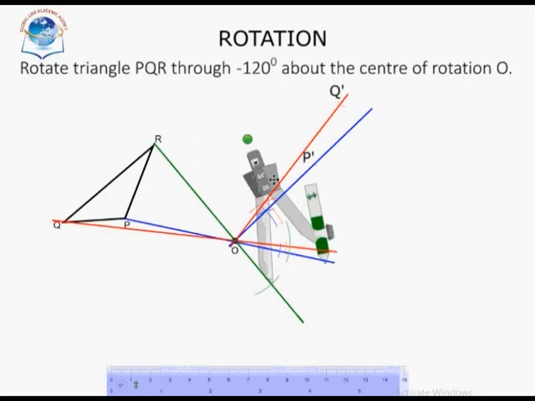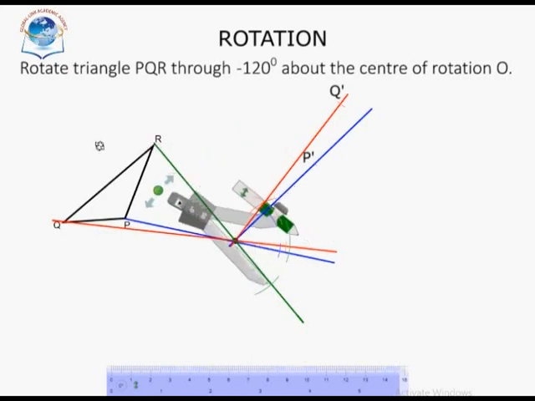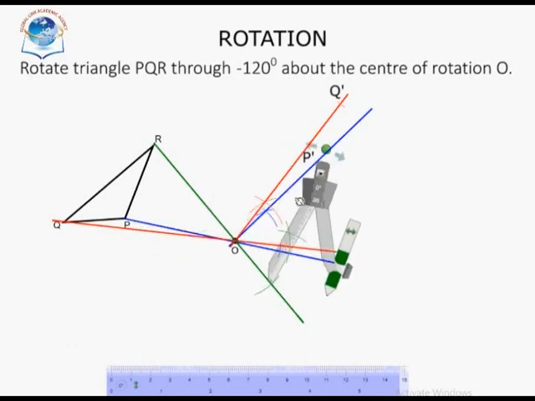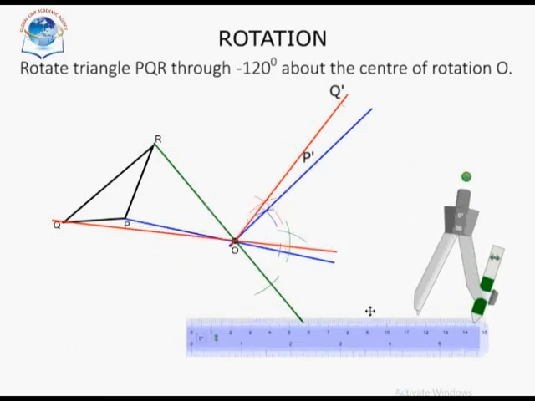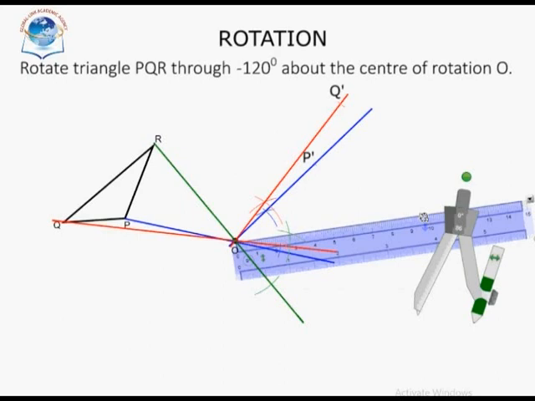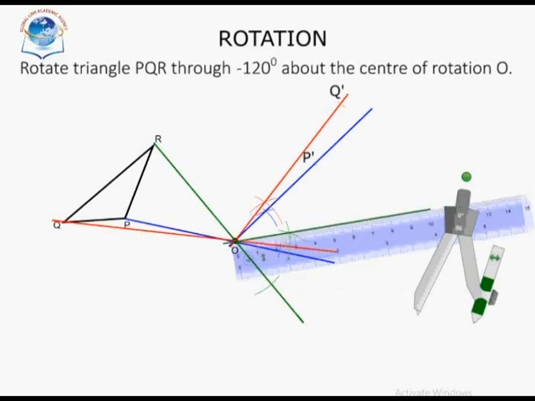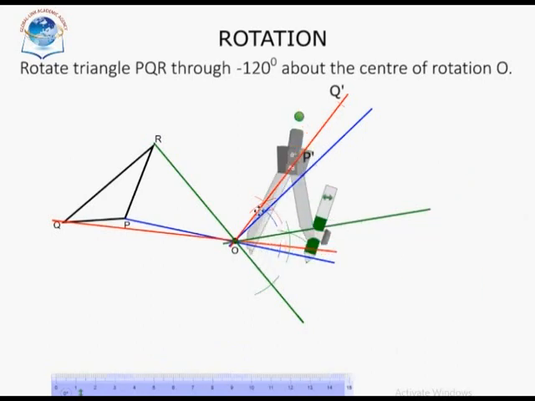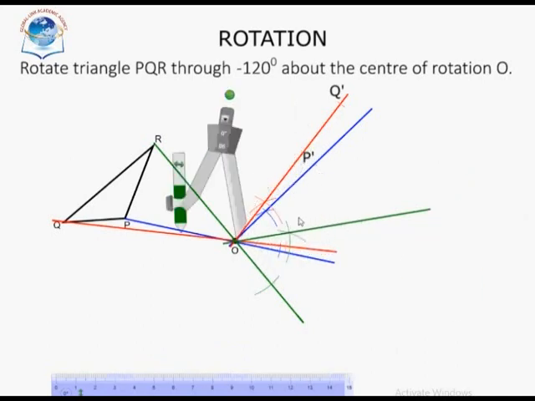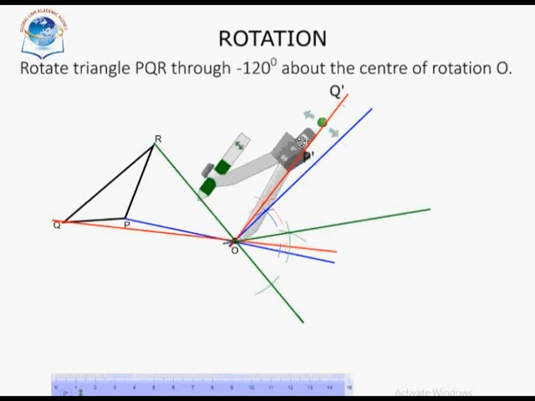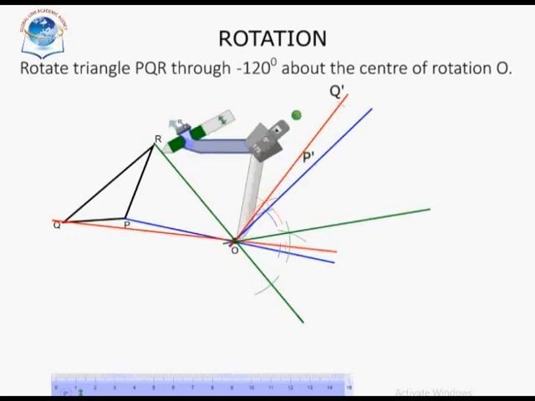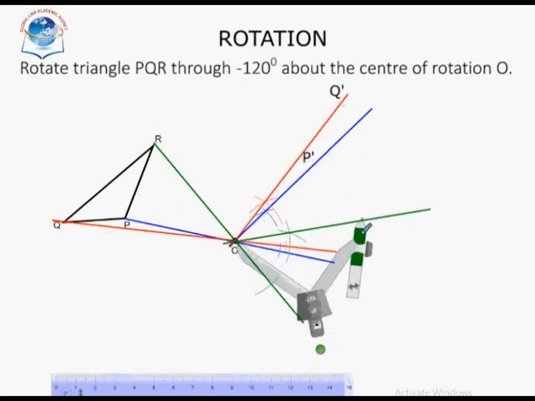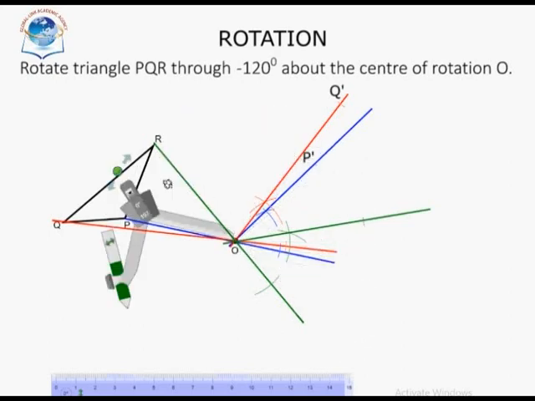Come with the same distance, place it on this arc on the line, and make an arc to intersect the arc above. Now join O to the point of intersection of the two arcs above here. So that's our new line. Next, we produce distance OR on the new line. So place the compass here and measure this distance. Mark the same distance on the new line, and we have R prime.